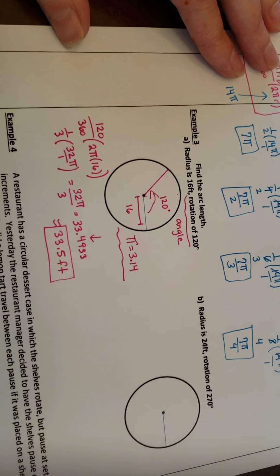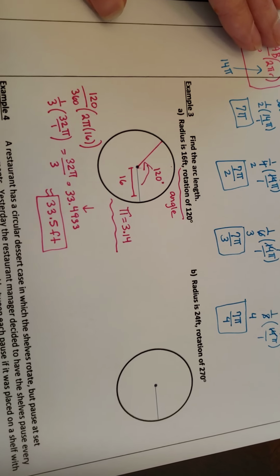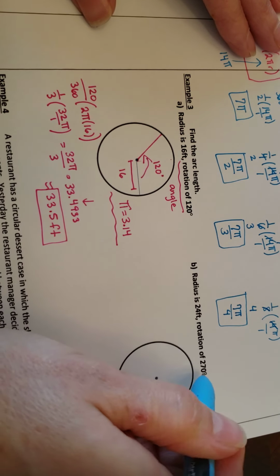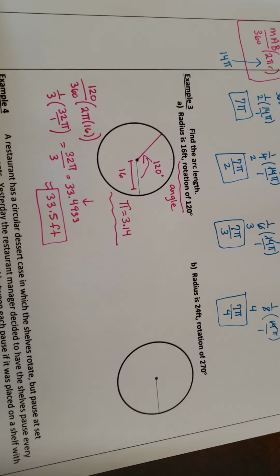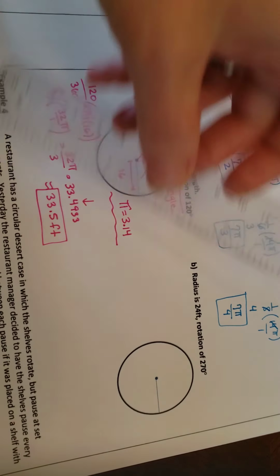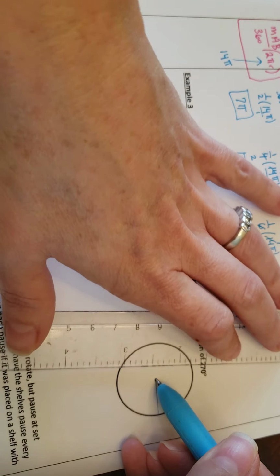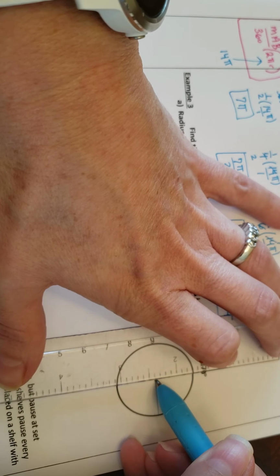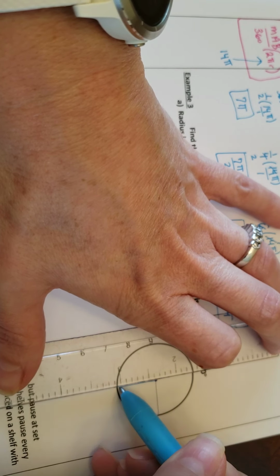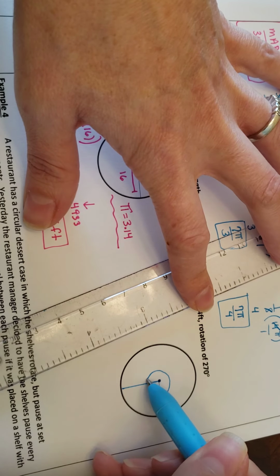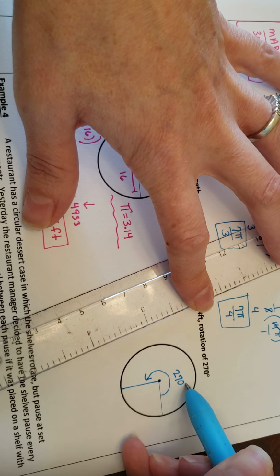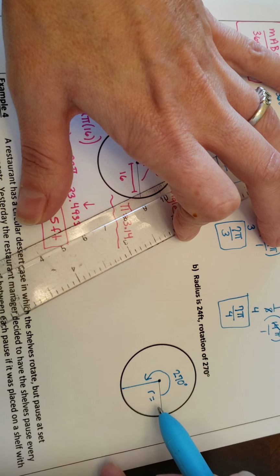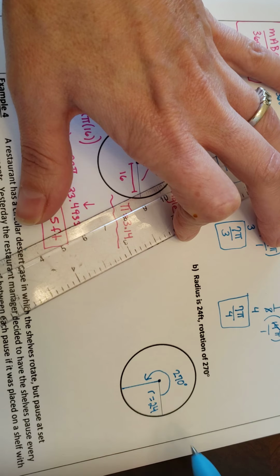And then we'll do the same thing on the second example, part B. So rotation of 270. 270 is an equal increment of 90. So that's telling us we're going to go all the way down here. It's a little bit off. So 270. This time my r is 24.